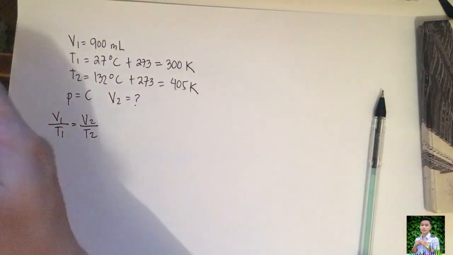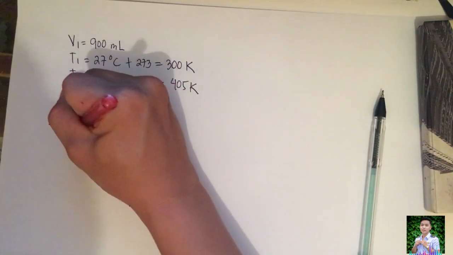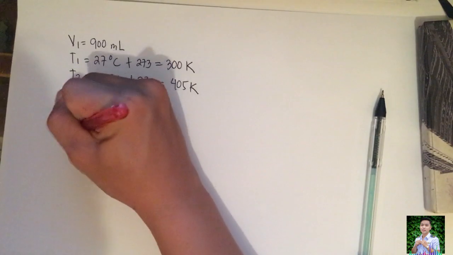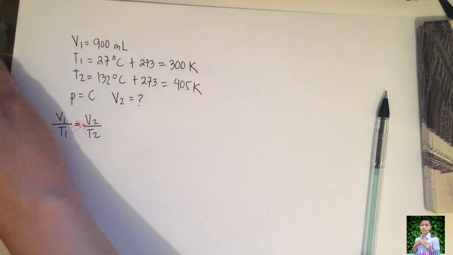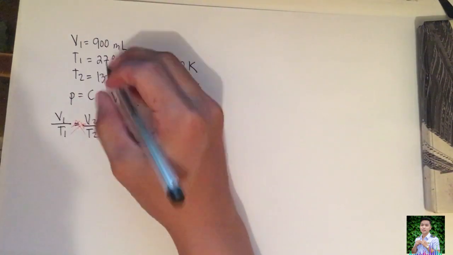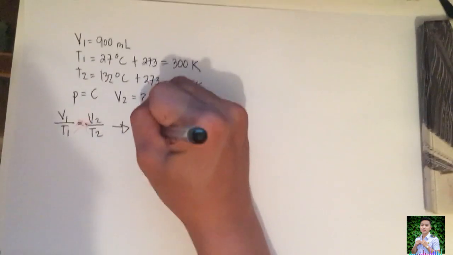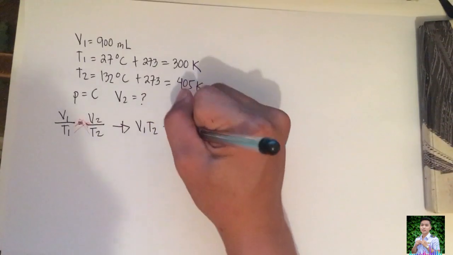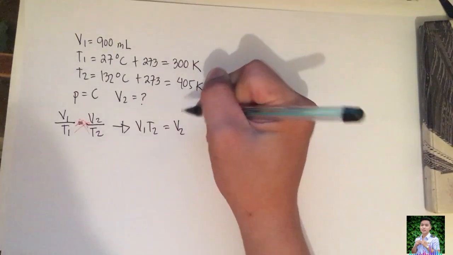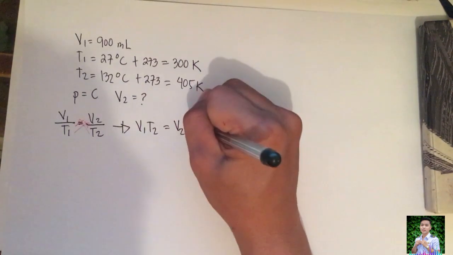And by using cross multiplication, we have V1 times T2 is equal to V2 times T1.